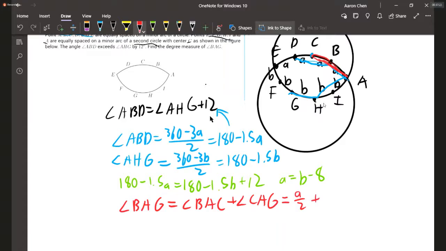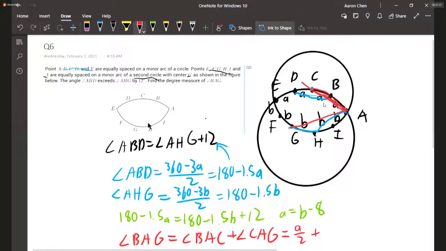And if you look at CAG, well, you know that C is the center of the second circle. And so what that tells you is that you can extend this. And so the measure of angle CAG is also an inscribed angle, and it's equal to 180 minus 3b over 2.